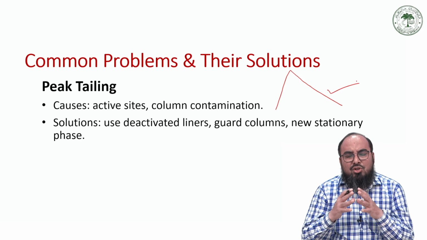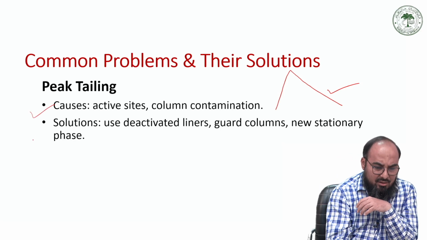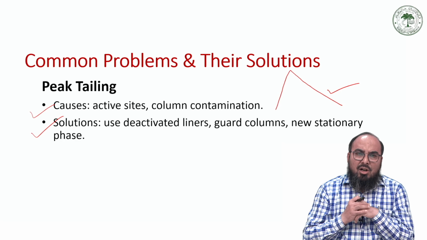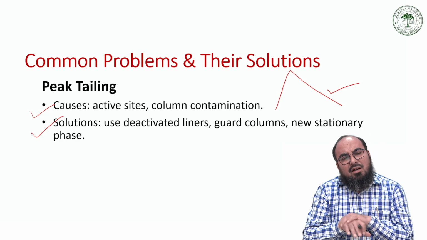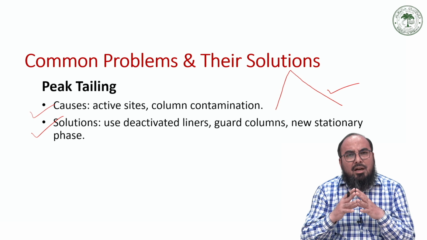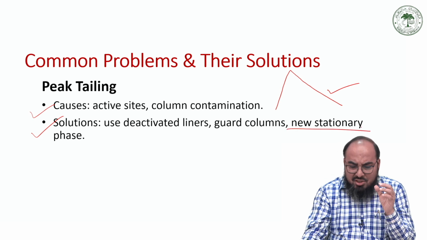So how are you going to solve it? The solution is also given here. You have to use deactivated liners. Similarly, you have to use certain guard columns. And if the problem still persists, then you just take a new stationary phase.